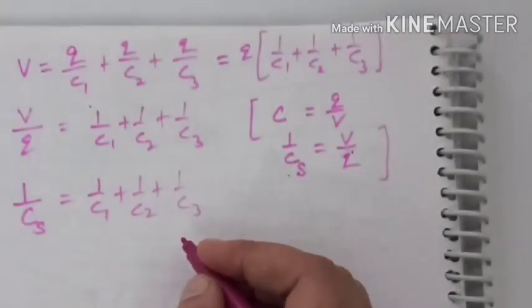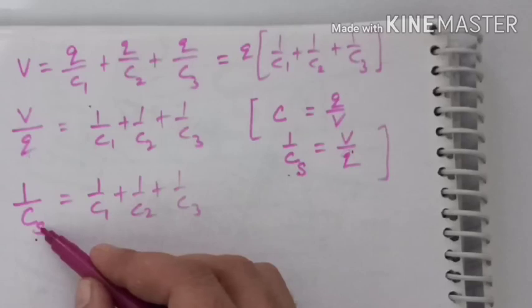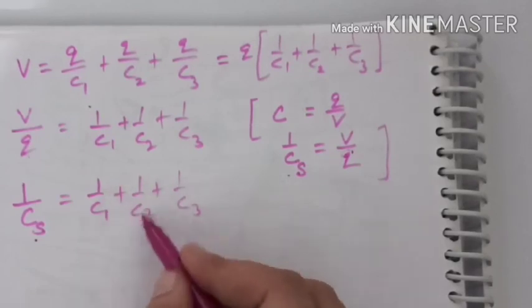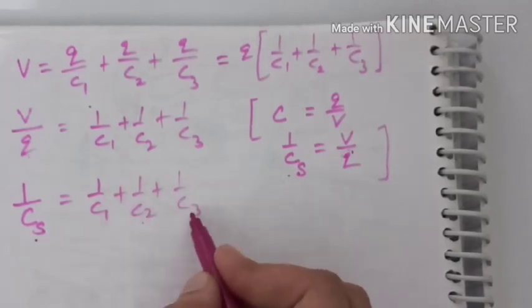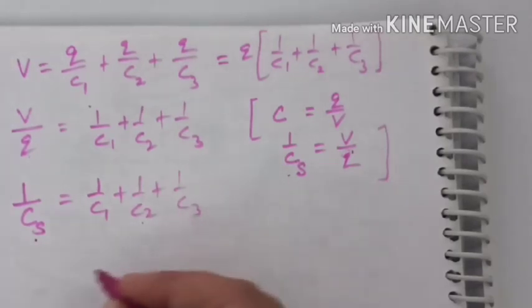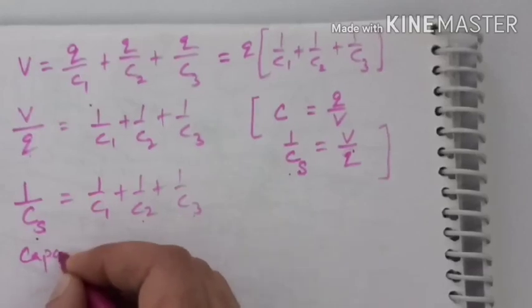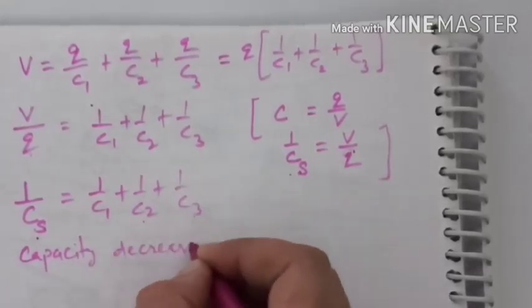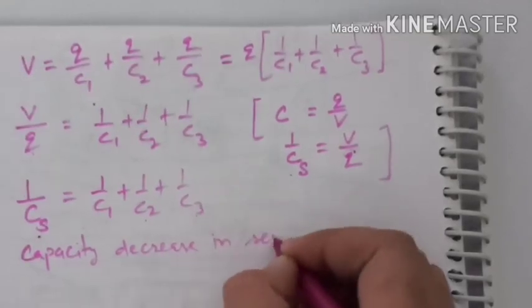This is the expression for series combination. The reciprocal of the total capacitance in series combination is the sum of the reciprocals of the capacitances of the individual capacitors. So the capacity decreases in series combination.